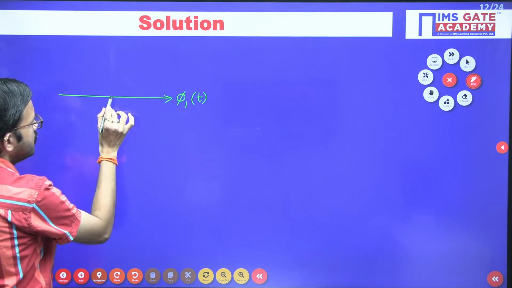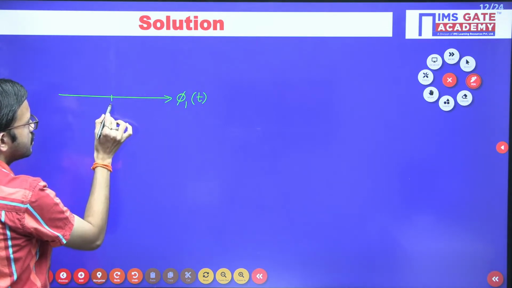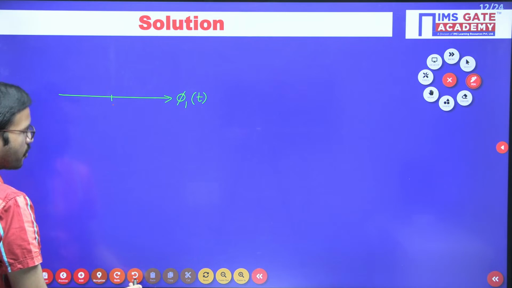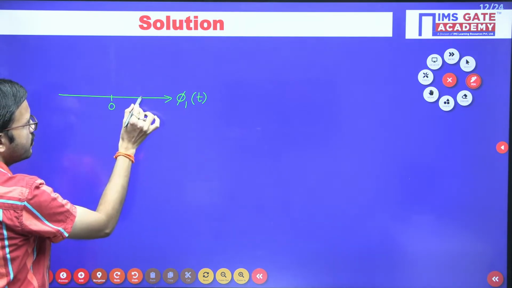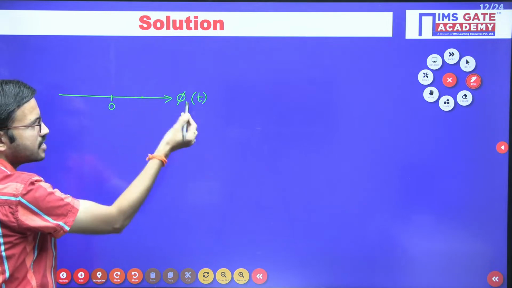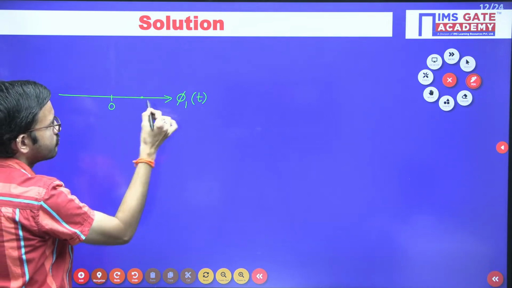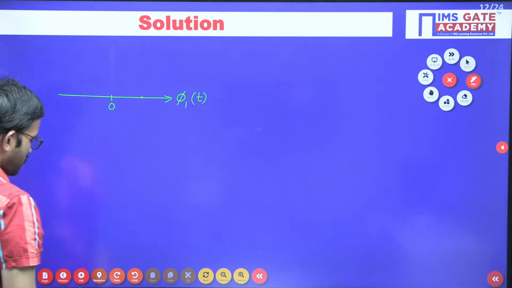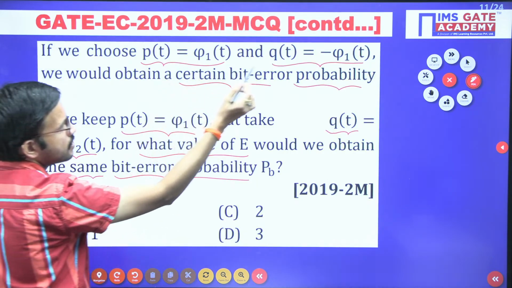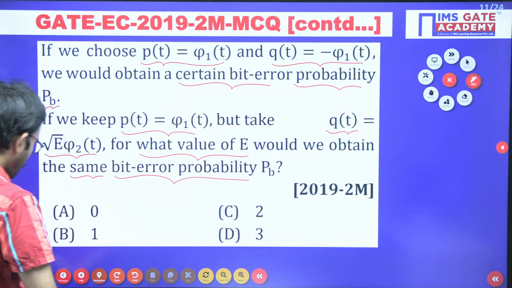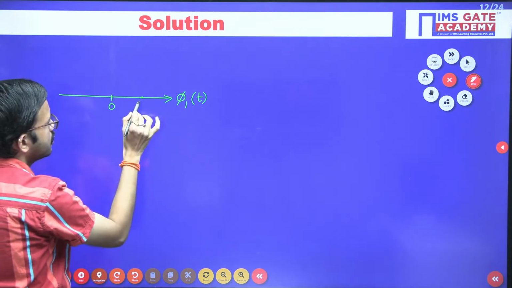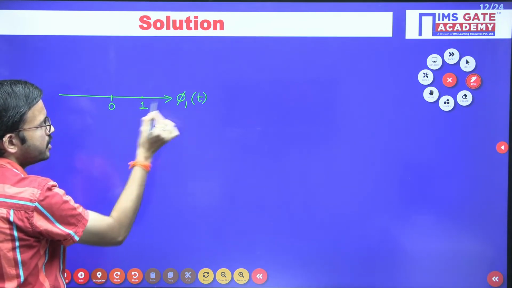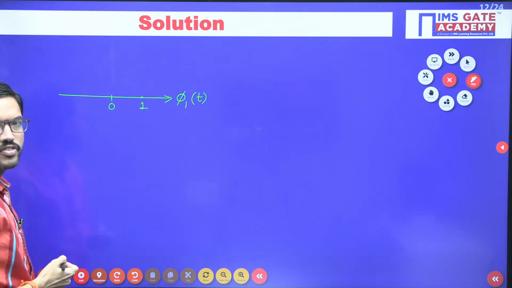Say for example, this is the 0 line, the point is 0. Here you are having minus phi 1 of t, and another one is phi 1 of t. Phi 1 of t means on the positive side, so here you are having 1 unit. 1 into phi 1 of t is nothing but phi 1 of t.